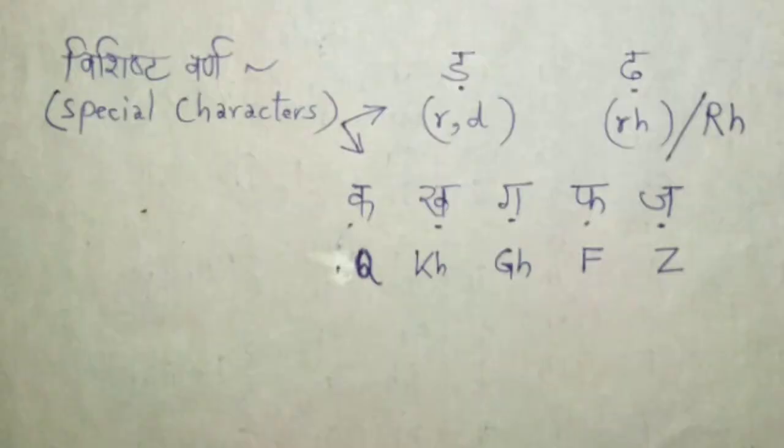And then the second special character is ra, like badhana, to increase, to enhance. So there are 2 special characters. You can learn it by practice, but I really do not expect you to be very accurate as far as Hindi pronunciations are concerned.